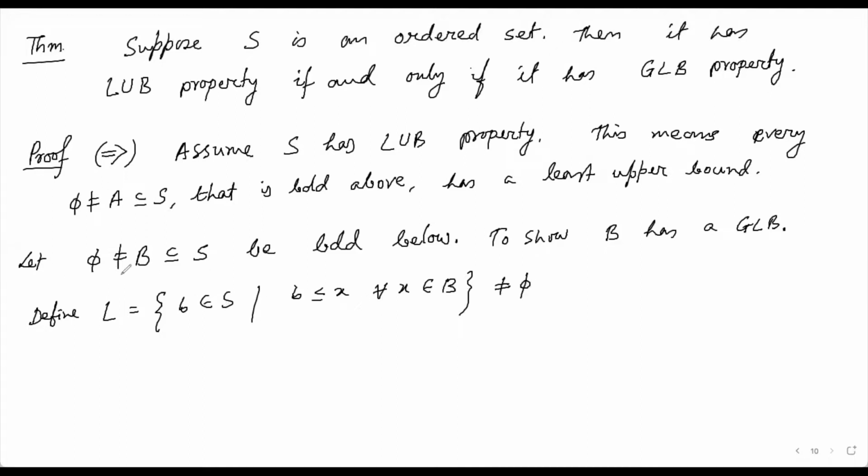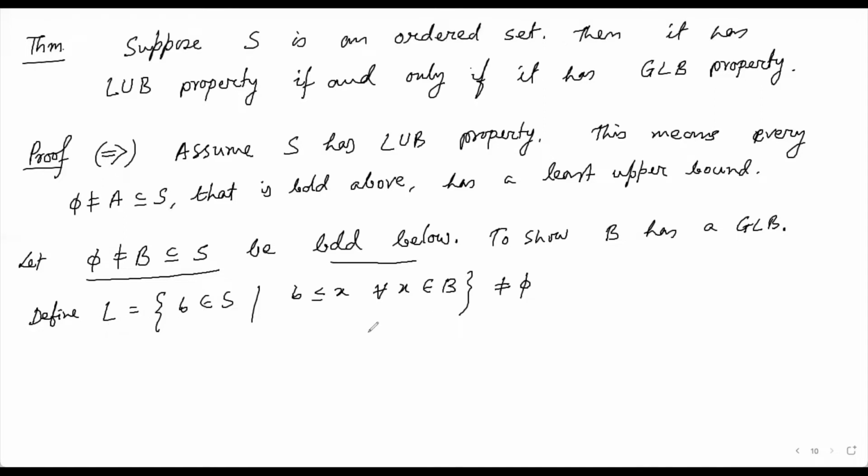Because by our hypothesis, B is bounded below, so it has a lower bound in S. So there exists some b in S such that b is less than or equal to x for all x belonging to B. So L contains a lower bound of B.